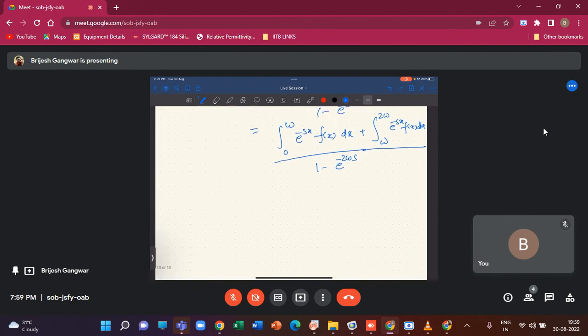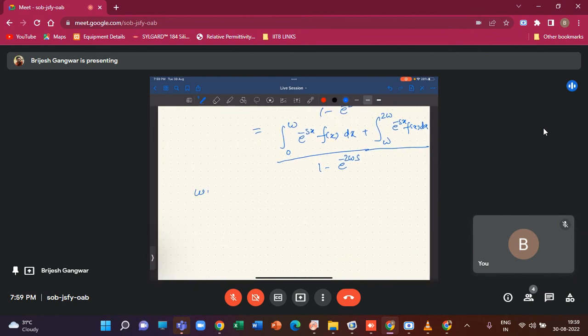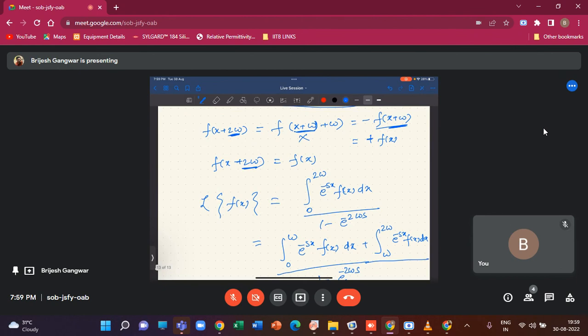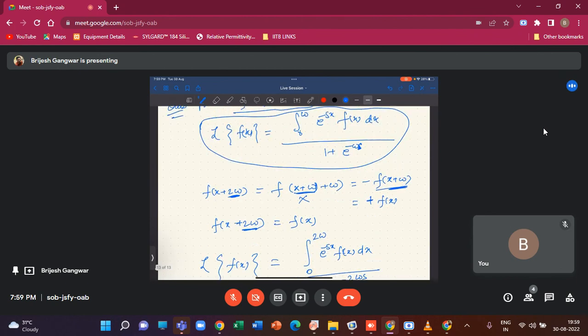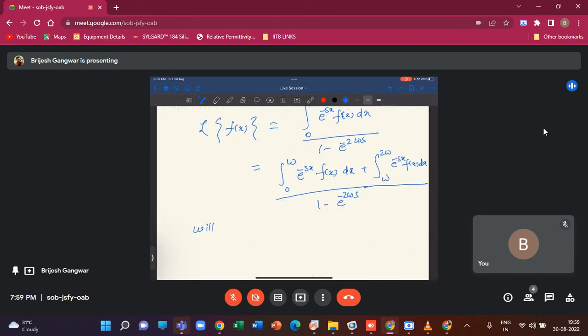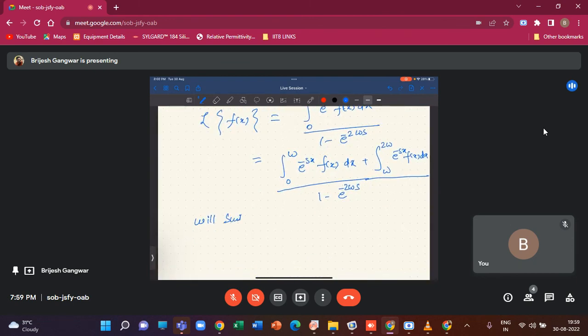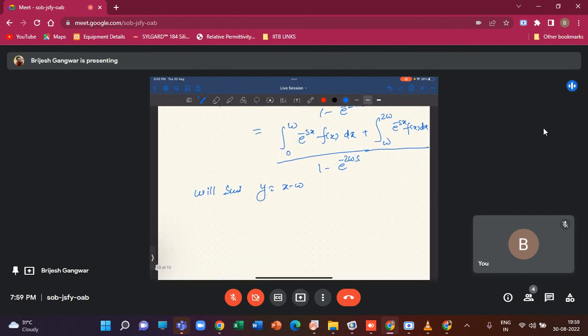Now we will substitute, because we have to solve this term, as we have to come only till 0 to omega. So we will substitute y equal to x minus omega in the second integral.